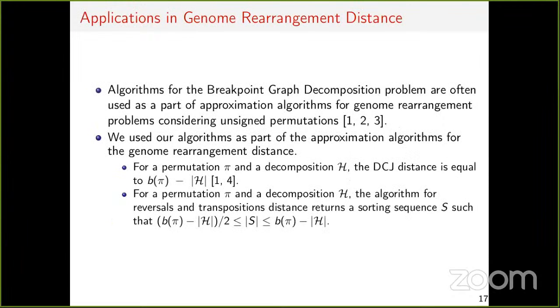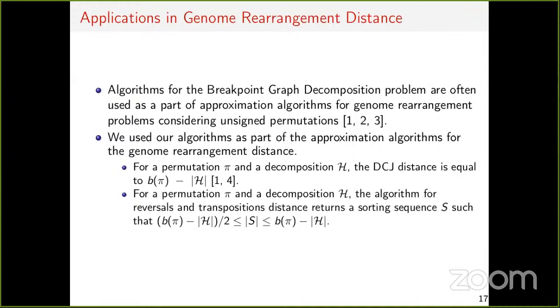And we also performed another experiment, because the algorithms for the breakpoint graph decomposition problem are often used as part of the approximation algorithms for genome rearrangement problems considering consanguine permutations. We used our algorithms as part of the approximation algorithms for the genome rearrangement distance.